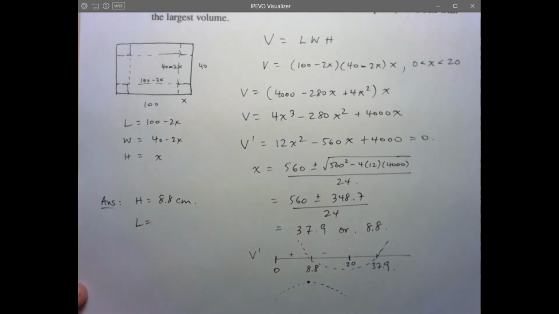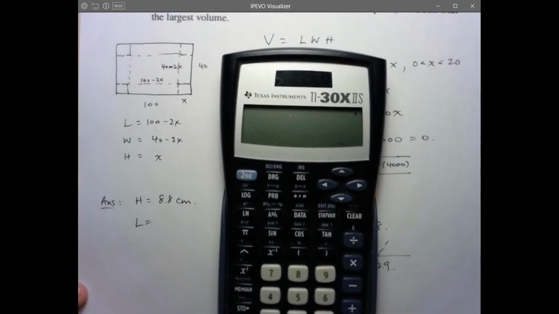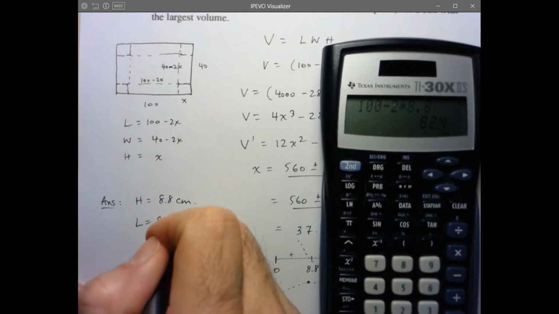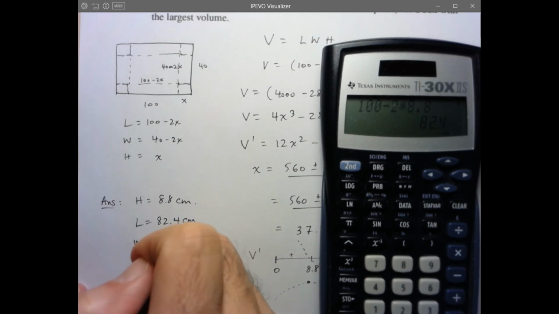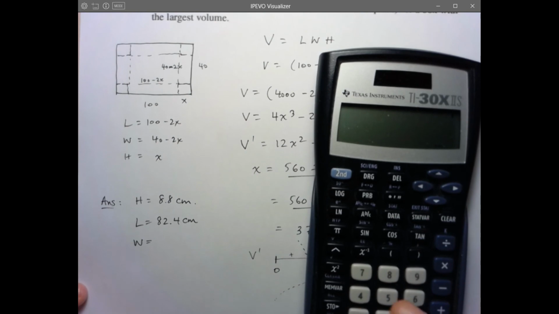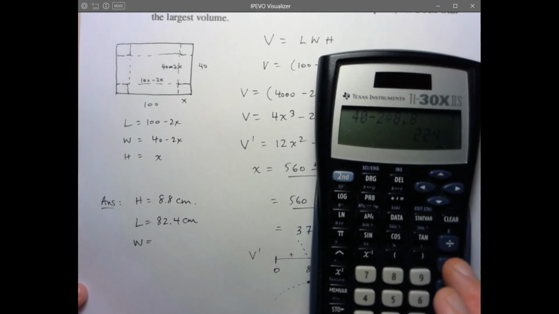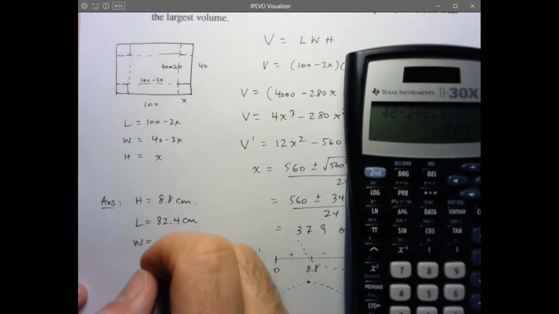Our length is going to be 100 minus 2 times 8.8, which is 82.4 centimeters, and then my width is going to be 40 minus 2 times 8.8, and that's going to be 22.4.